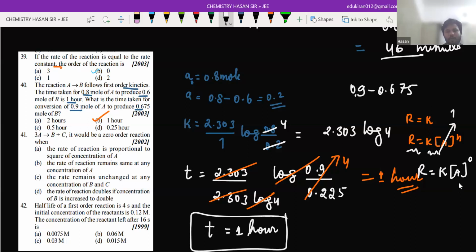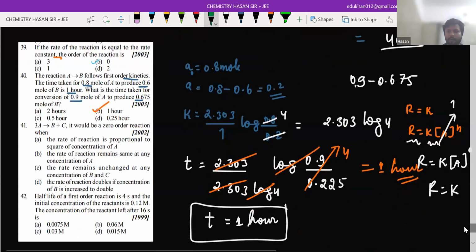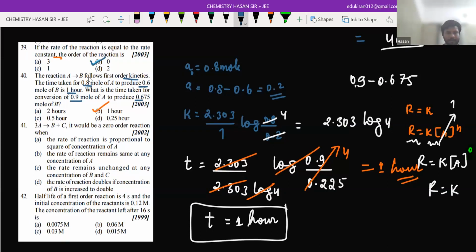Anything raised to the power 0 is equal to 1, so R becomes K. The power determines the order of reaction, so it is a 0 order reaction. So the answer is B, 0 order reaction.